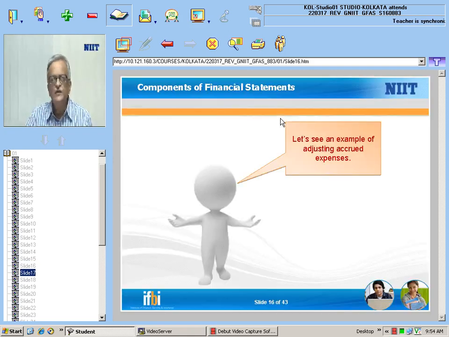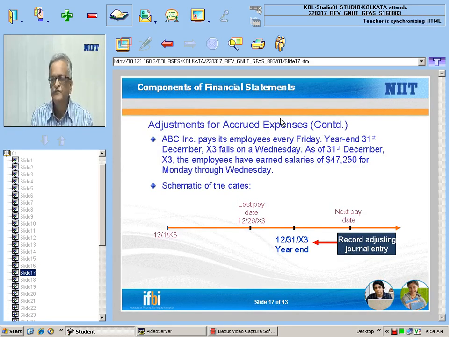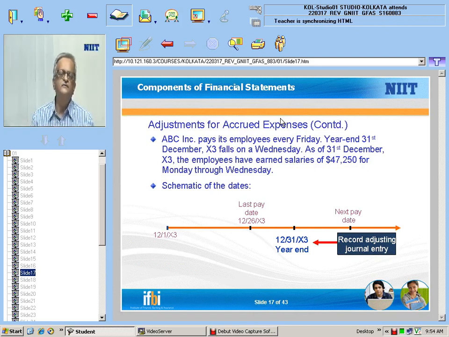Let us see with an example. ABC pays employees every Friday. What is the payment date? Every Friday. Year end 31st December falls on a Wednesday. As of 31st December, employees have earned salary of 47,250 for Monday through Wednesday.